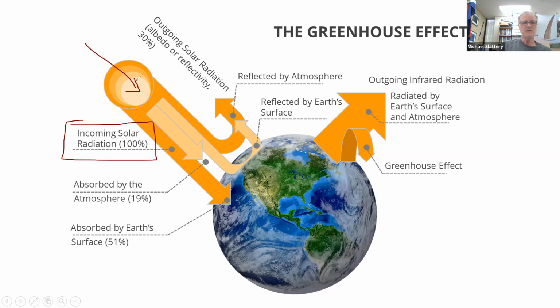When we look at that incoming solar radiation, some of it is reflected by the atmosphere. Some of that incoming shortwave solar radiation, the sunlight, bounces off clouds in the atmosphere, and some of it is reflected by the Earth's surface. That reflection is known as the albedo.